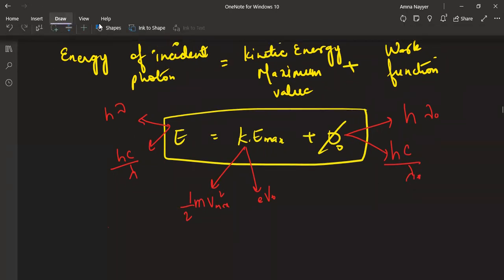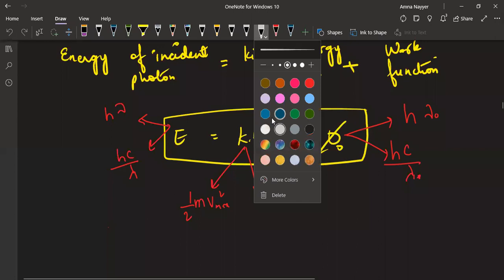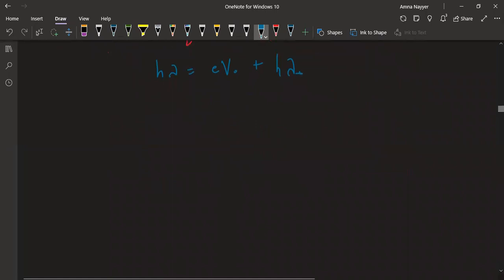Now see class, you can use any of these formulas which you want to answer. Like see here, you can write it as h nu is equal to eV naught plus h nu naught. Whatever is the suitable equation for you, you can construct it now.